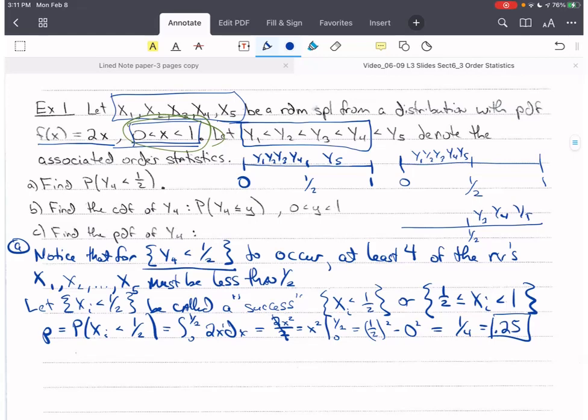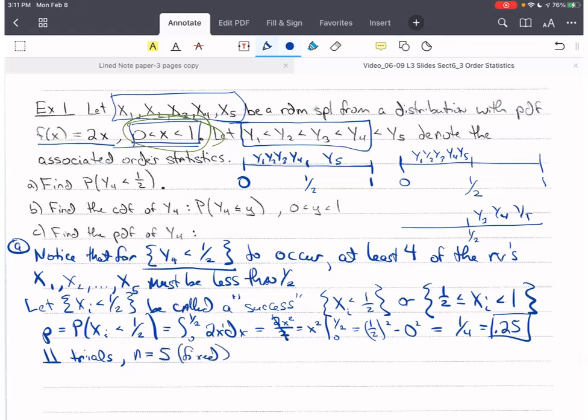Okay? Remember, it's a random sample. These are independent trials. So x1 to x2, x3, x4, x5, they are all independent. So they're independent observations, or if we consider repeating this as an experiment or trial, then they're independent trials. We're saying that we're going to do this 5 times, so n is 5, it's fixed.